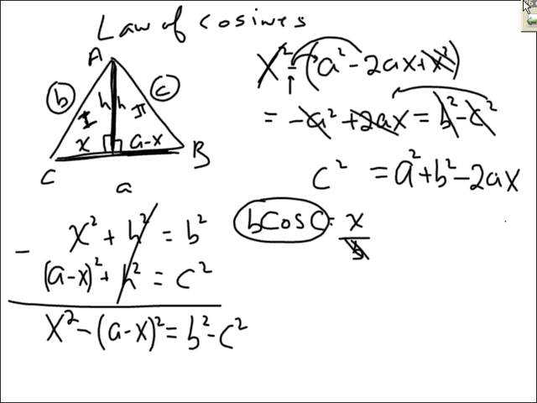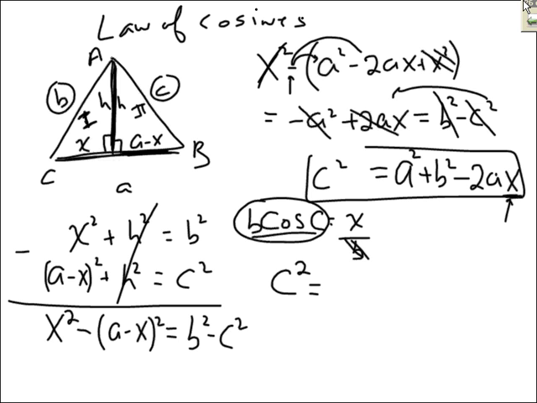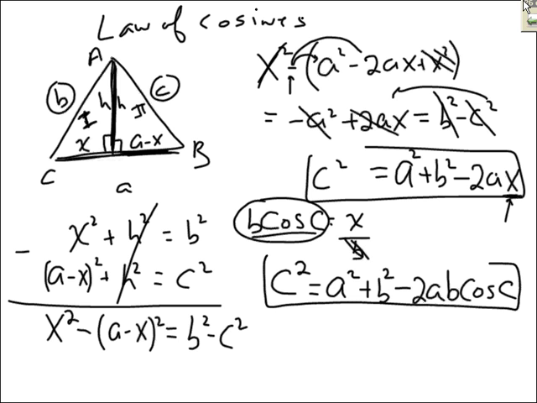So I'm going to recopy this, but where I see x, I'm going to write b cosine c. So c squared is equal to a squared plus b squared minus 2a times x, and x is b cosine c. Here is one form of the law of cosines.